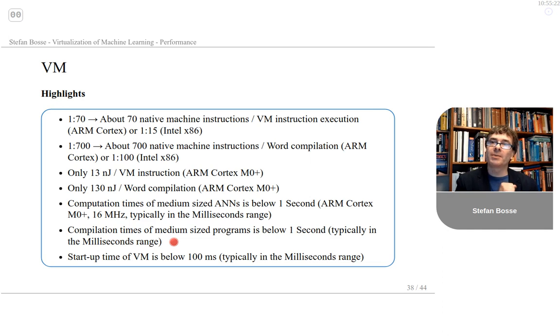I will show some charts at the end, on an ARM Cortex architecture with a 60 megahertz clock frequency, typically in the milliseconds range. Compilation times of medium-sized programs are below 1 second, typically in the milliseconds range, and the startup time is very low, below 100 microseconds, typically only a few milliseconds or below.